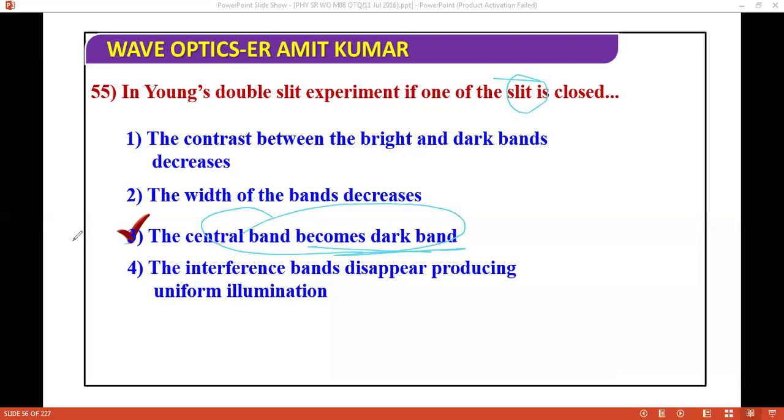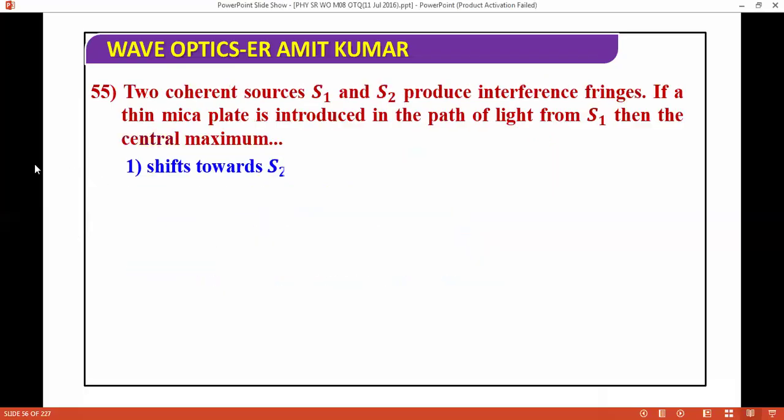Next question: two coherent sources S1 and S2 produce interference fringes.